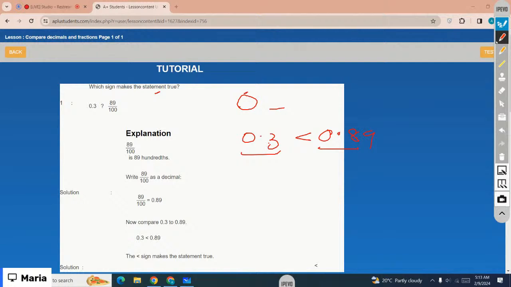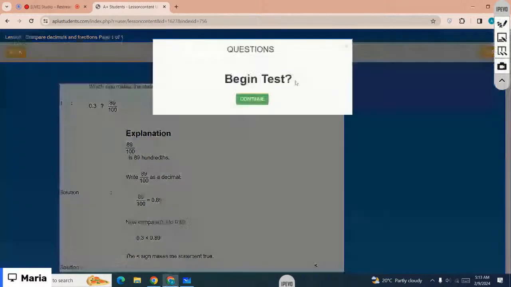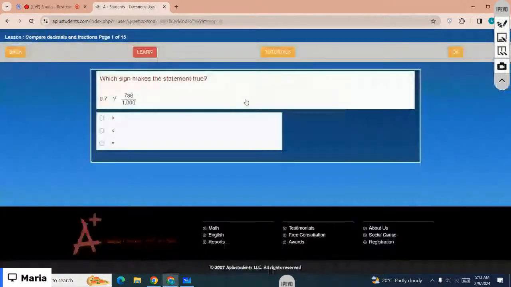Let's just start with the test questions. Let's see how we compare, right? Okay, which sign makes the statement true? You have 0.7 and 788 divided by 1000, right? You cannot compare them until they're in the same form.